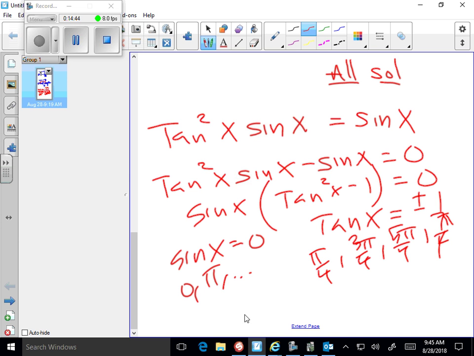Great. So now how do we take the step about writing the general solution rather than just the solutions on 0 to 2 pi?